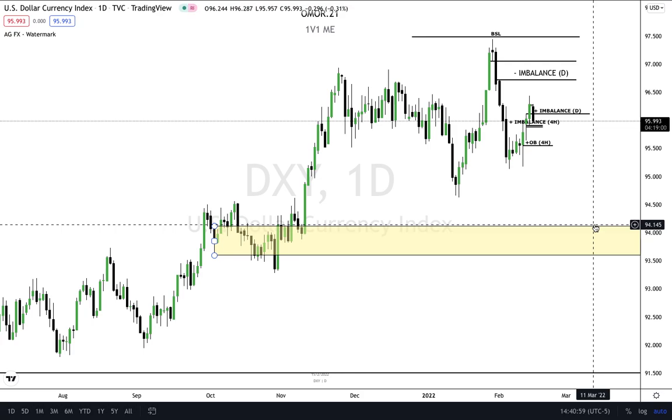The axes. You have to look at the axes. The axes tell you exactly what's going on in the chart. So this shows us the relationship between time and price.